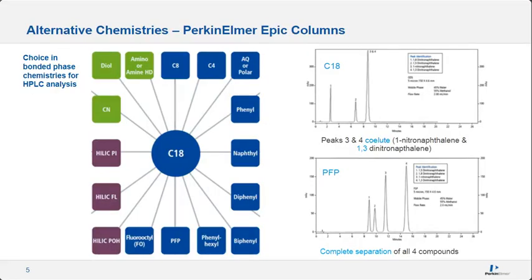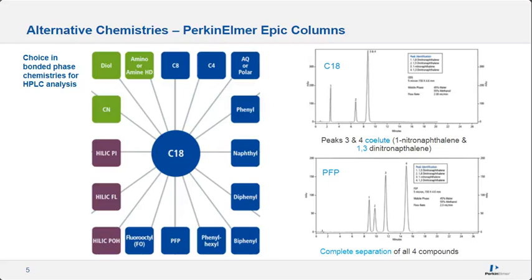One of the areas that we try to focus on is the development of alternative chemistries. In this slide, we could see that the C18 is at the center of the square, which is one of the major workhorse reverse phase HPLC columns utilized for separation. However, we have developed a number of specialty phases or selective phases.